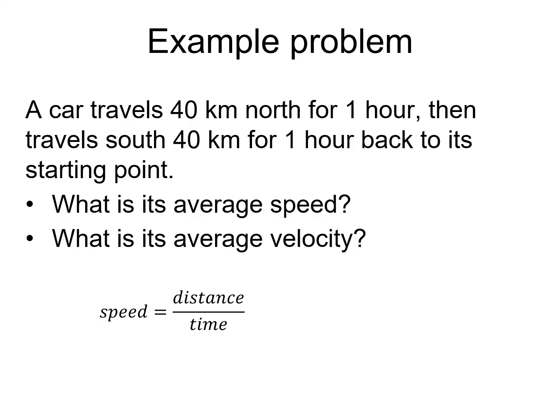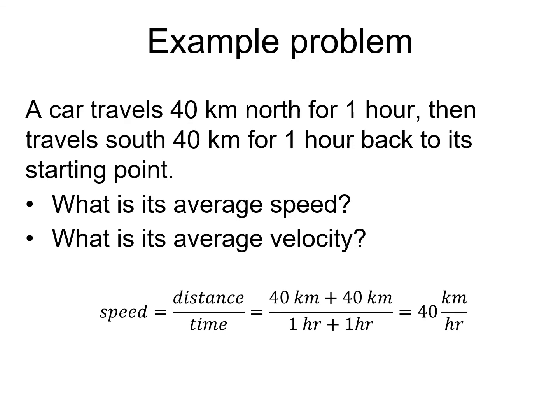We could write v equals d over t, but d stands for distance. Distance does not regard direction, so it travels 40 kilometers one way, 40 kilometers the other way, a total of 80 kilometers. It takes 2 hours to make that trip, so 80 divided by 2 gives an average speed of 40 kilometers per hour.